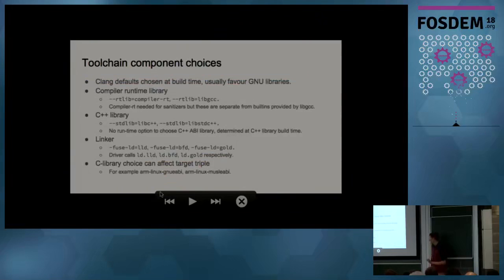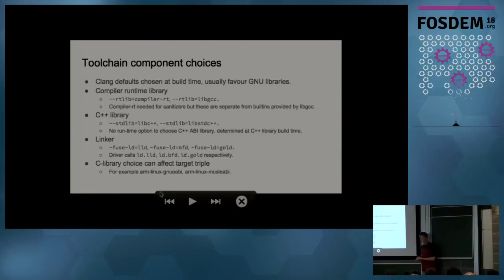Okay. So one of the first things you have to do when you're using Clang as a compiler is you have choice. Choice can be a good thing or a bad thing. If you don't care, best stick to the defaults. So typically what will happen is on a Linux targeting system, you'll end up defaulting to the GCC components. So even if you have built compiler-rt, by default, Clang will look for libgcc at that particular point.